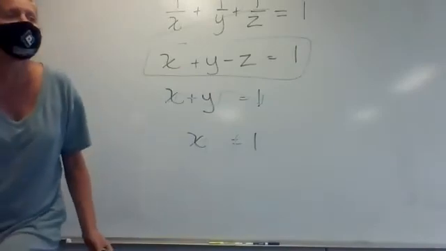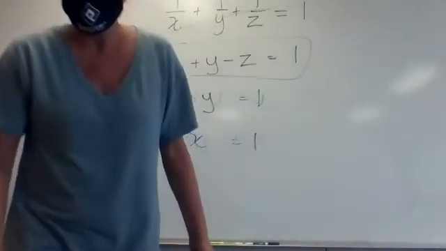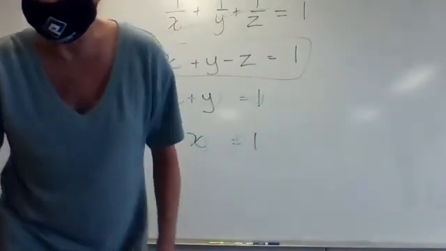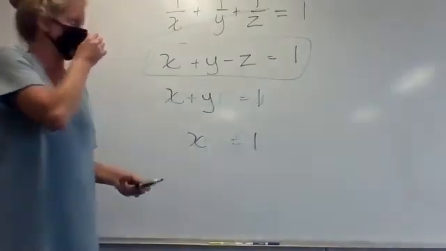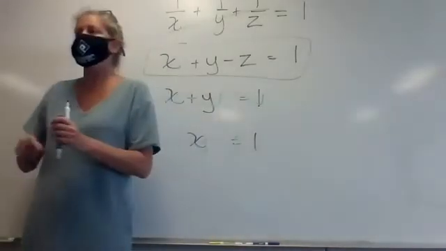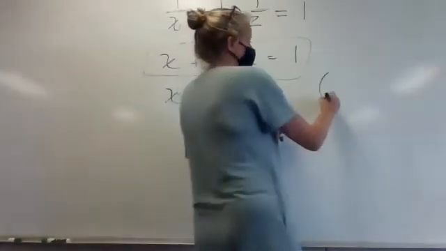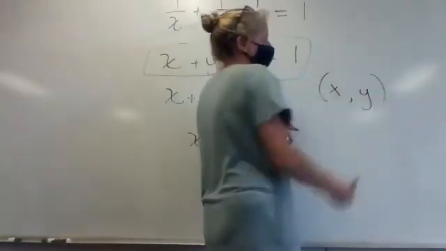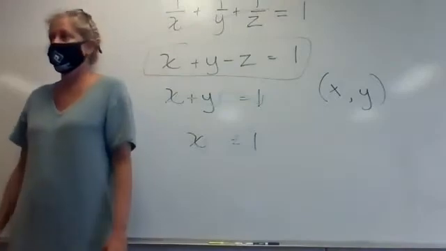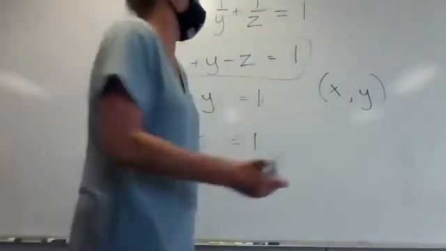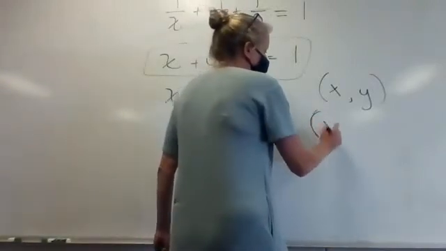So that's number 5. Number 6 says, which of the following is a solution of a linear equation in 3 variables? Now remember, when we had the 2 equations with 2 variables, your answer was an ordered pair, right? With an x and a y. When you're solving a system of equations with 3 variables, your answer is what's called an ordered triple.